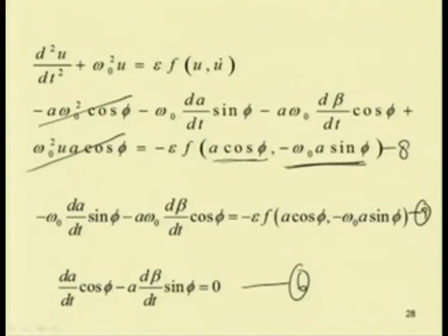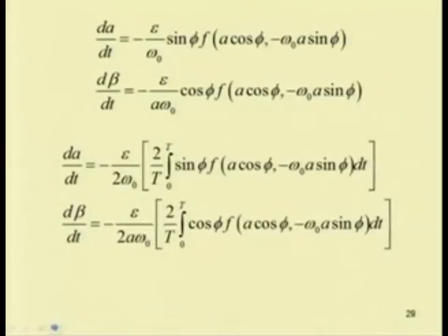By multiplying the first equation by cos phi and the second equation by minus omega 0 sin phi and adding, we get the expression for dβ/dt. Similarly, by multiplying this equation by sin phi and the second equation by omega 0 cos phi, we eliminate these two terms and get dA/dt equal to minus epsilon by omega 0 sin phi times f(a cos phi, minus omega 0 a sin phi).